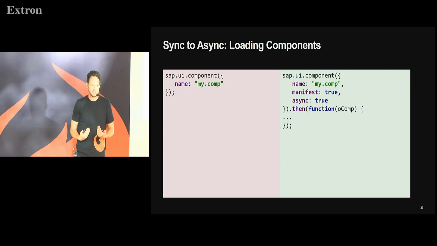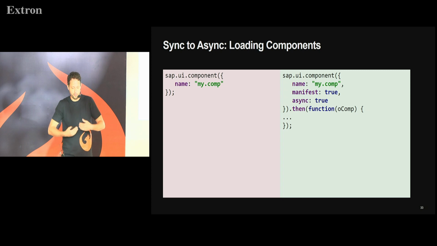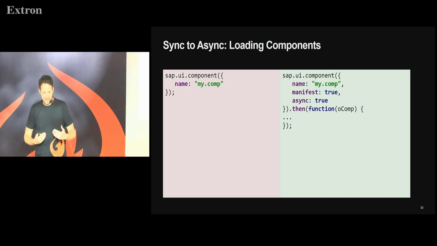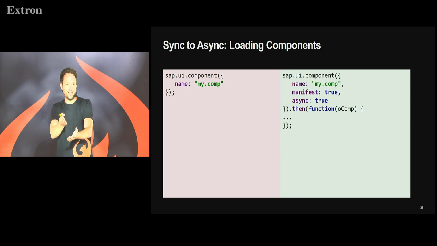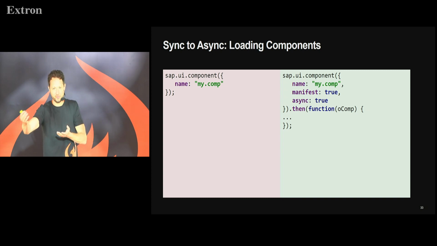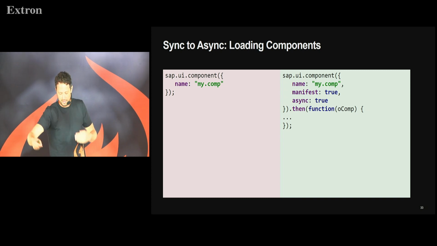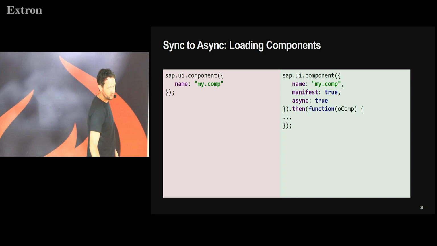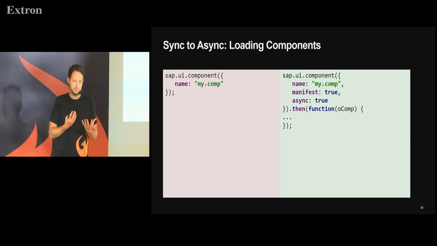So when a component gets loaded, right now we would create the component, then the programming inside would kick in, and sometime later we would instantiate an OData model, and only then we would actually send a request to fetch the metadata for this OData model. This already all happened at a quite late stage in time. With this manifest true, what we did is we said, okay, let's do this in parallel. Let's actually fetch the manifest file first for a component, then create an instance, and at the same time already create instances of the models, for example, right?